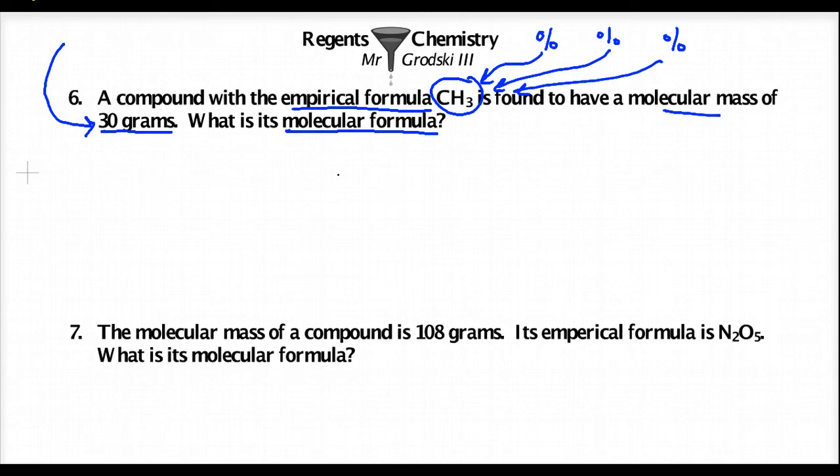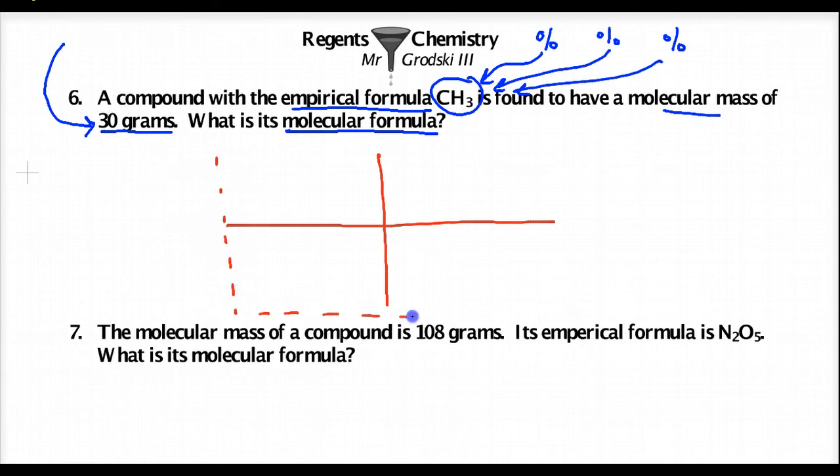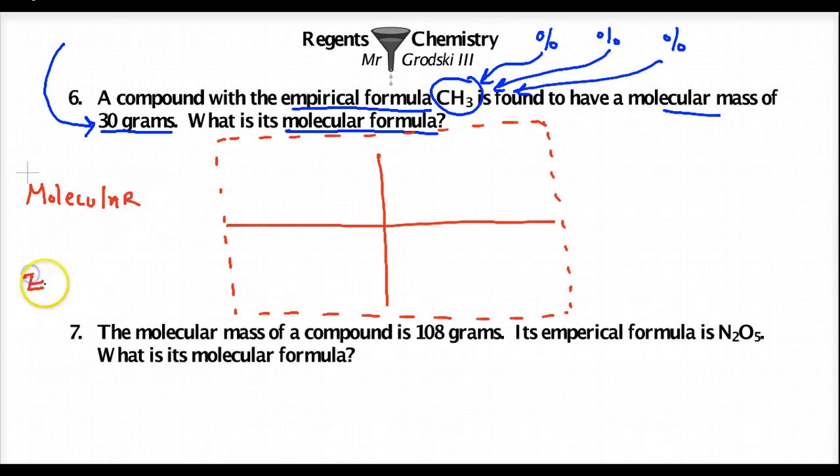So here's how I go ahead and do it. I call it the box method. Here's how I do it. I build myself kind of a crisscross box. Now if you want to enclose the box you can, but I'm just going to leave it like that, so really there's a box here if you like. Now what I have up top is the molecular information, and then below I have the empirical information.